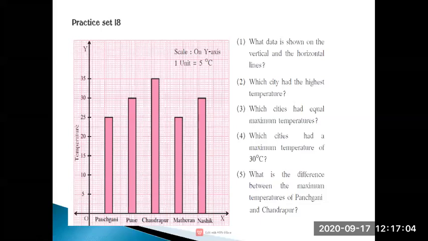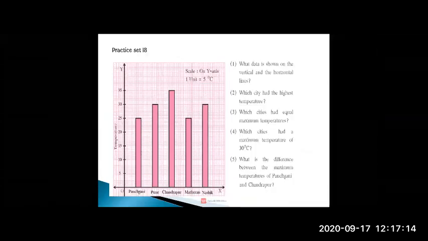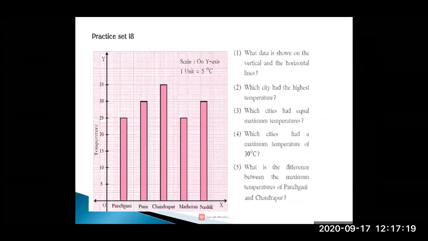The temperature of the cities is shown on the vertical line. Names of the cities are shown on the horizontal line. I hope you people have understood. Now the first answer we have completed.